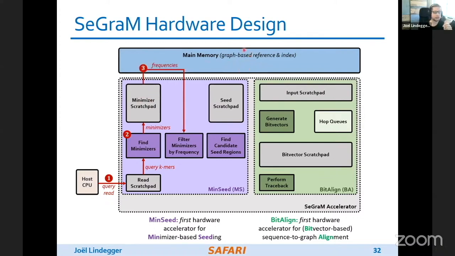Right? Your index is stored in memory, so we look up frequency, so essentially how often they occur in the reference genome. And then we have another computational unit that just discards any seed that occurs too frequently. This is a filtering step.